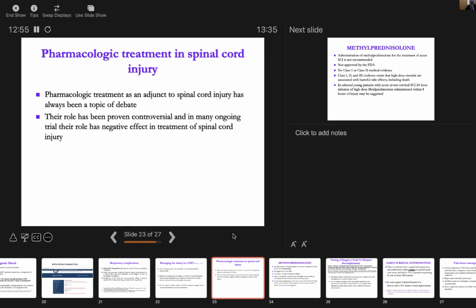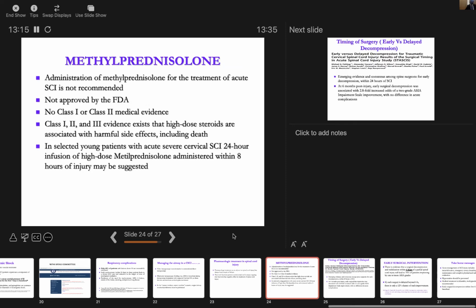Pharmacologic treatment in spinal cord injury is very debatable, and so far there is no known effective agent to correct spinal cord injury. Their role has proven controversial, and many ongoing trials of their role have shown negative effects in treatment of spinal cord injury.